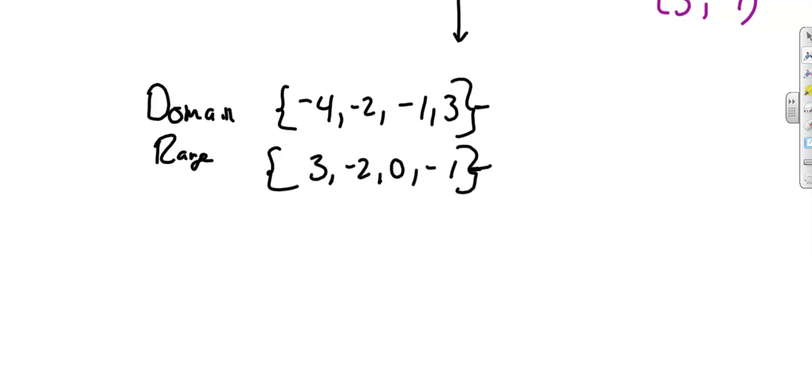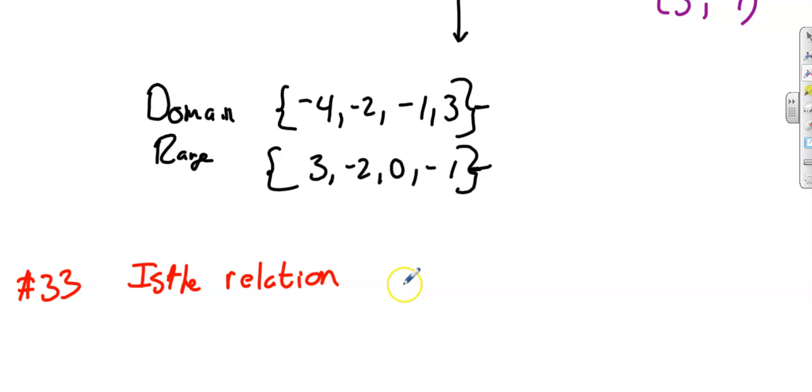Number 33, we'll do it because it's a little bit different than some of the other ones. This is the one where they give you all these different options and ask, is the relation a function?